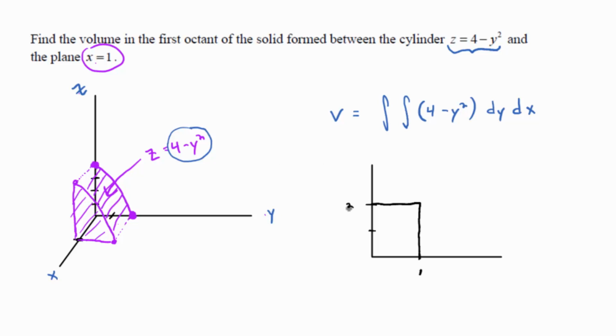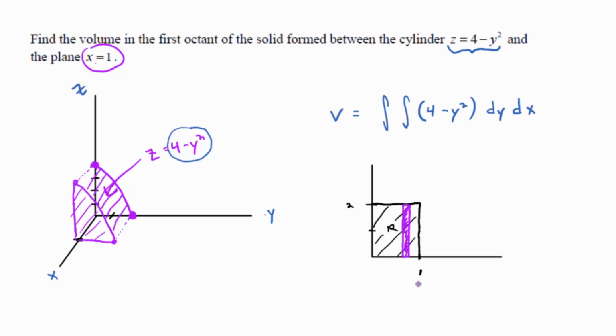I don't think we need to draw a representative rectangle when we're integrating over a rectangle, right? So this is our region R. If you wanted to draw a representative rectangle, you could. Not a bad habit to develop.